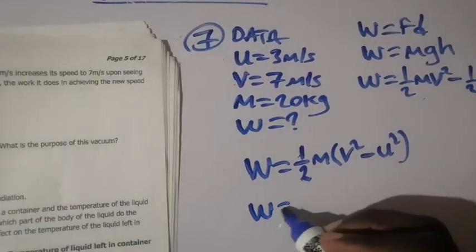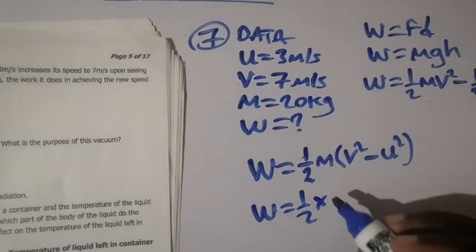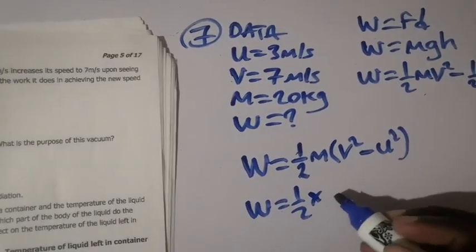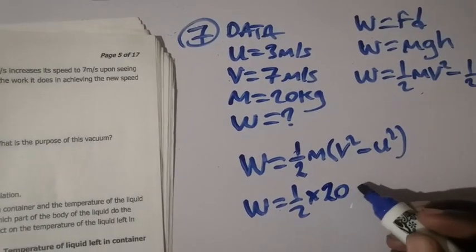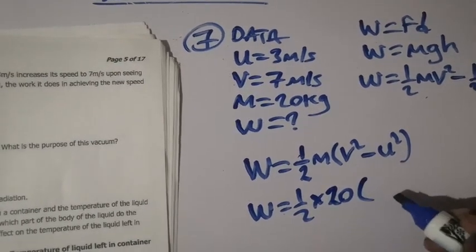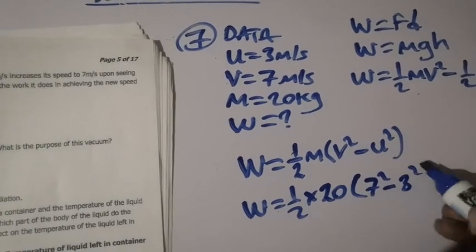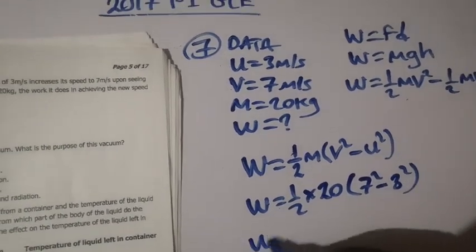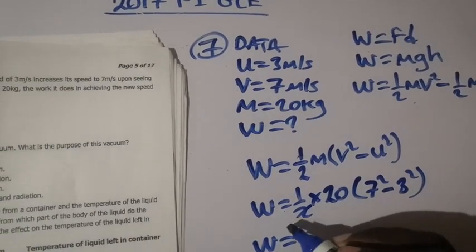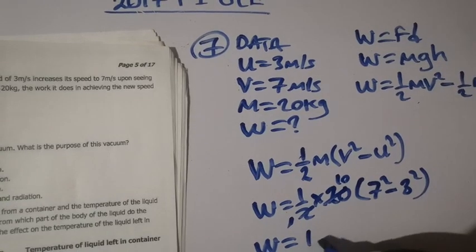So work done equal to half times mass, we have 20, open bracket, final velocity 7 squared minus initial velocity 3 squared. So work done equal to half of 20, it's 10.